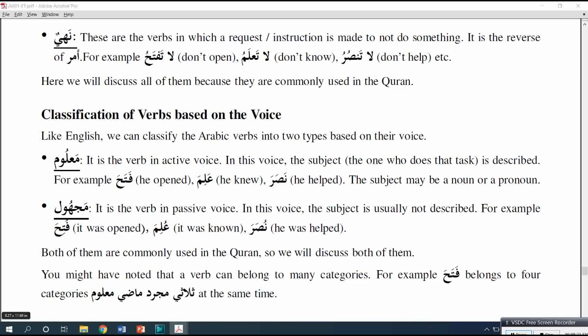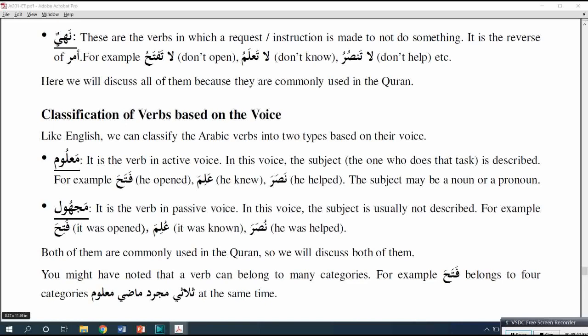Nusara, he was helped. Now see the difference. Nasara means he helped him. Nusara, he was helped, but it is not very clear whether in reality they helped or not.